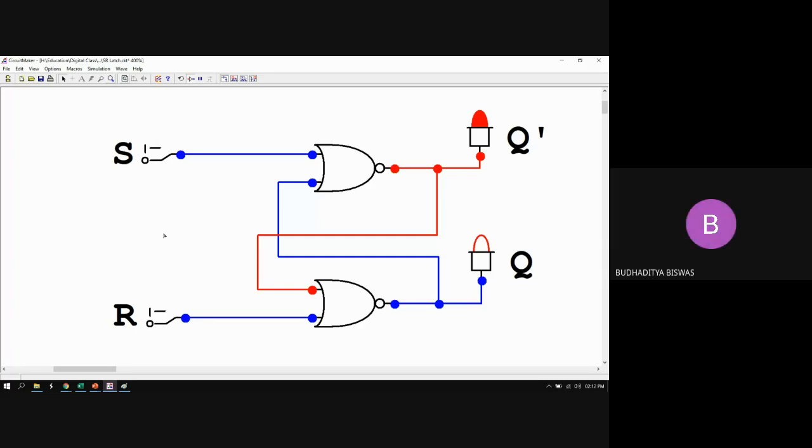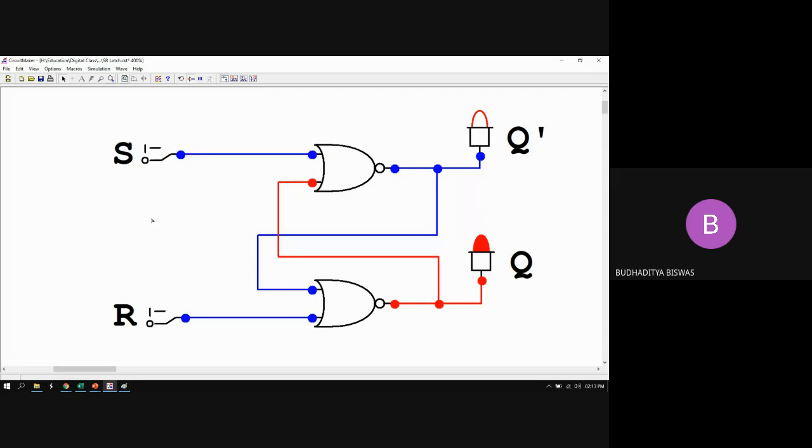Now see another thing very carefully. When S equal to 1, R equal to 0, what is the name of the state? It's a set state. Now look very carefully. Now S is already connected to 1, R is connected to 0. I am going to connect S to 0. Now let's see what will happen. S is connected to 0.